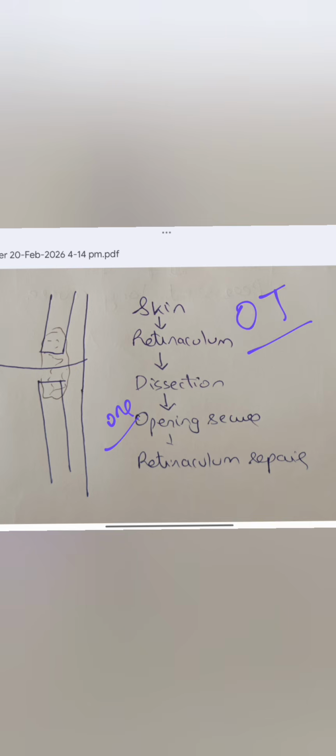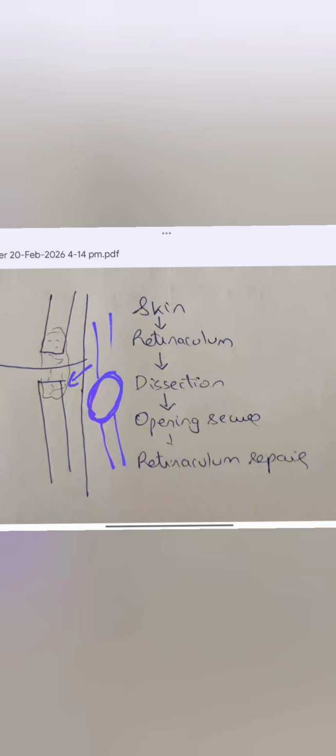As soon as you put the skin incision, it is very important to go slow and do careful fine dissection. After you pass the skin, you come across the retinaculum. You have to incise the retinaculum, and as soon as you incise it, you will find the Baker cyst.